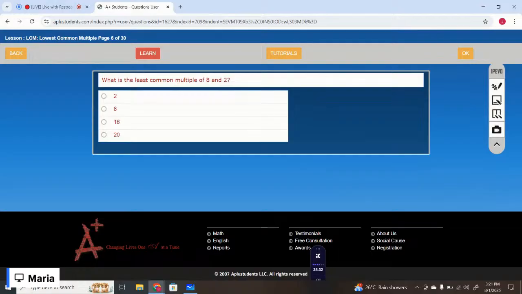The least common multiple of 8 and 2 is 8. Option number 2 is the correct option.